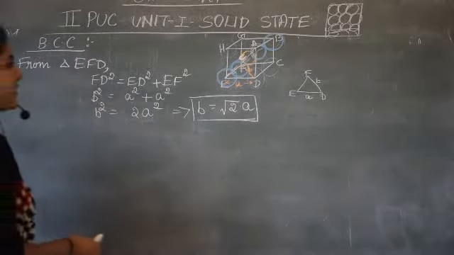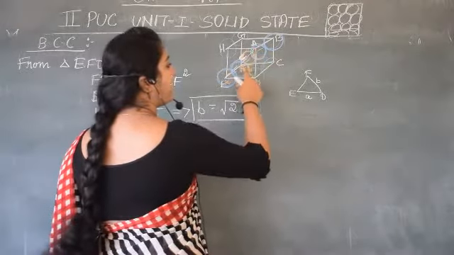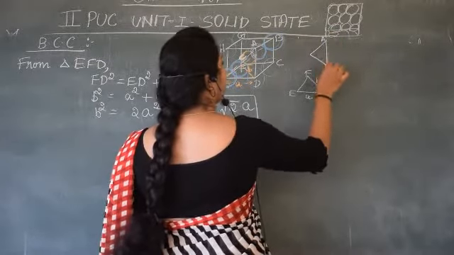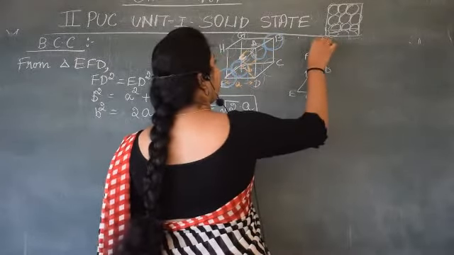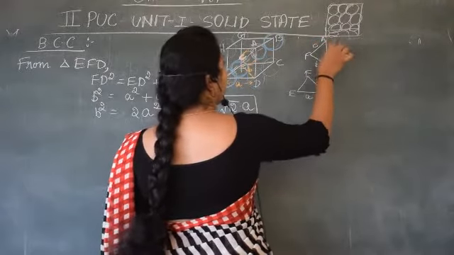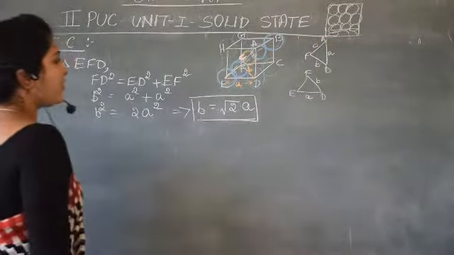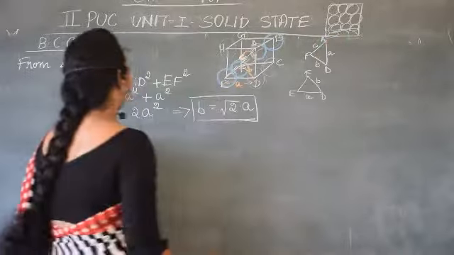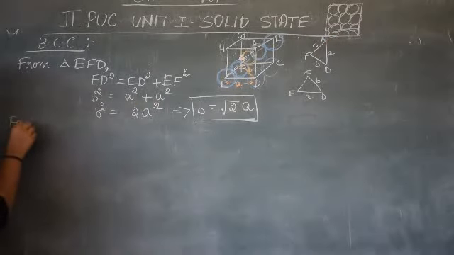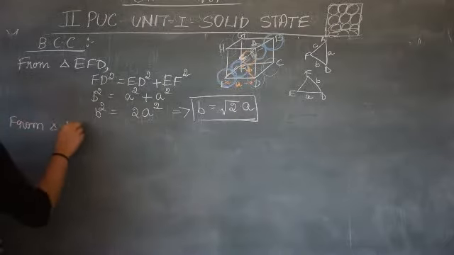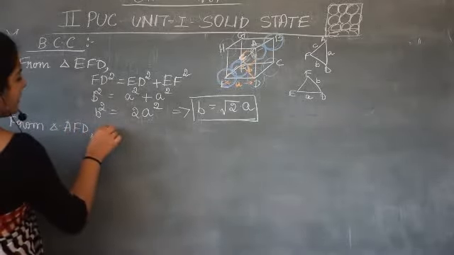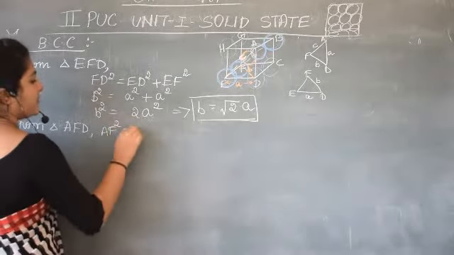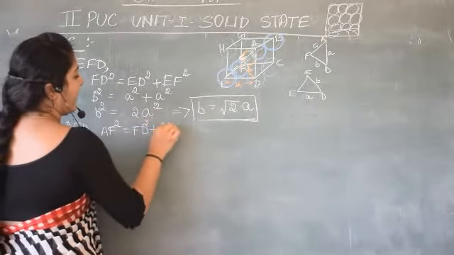Next triangle which we are considering is triangle AFD. So this triangle, it is this way, A, F and D, where this is C, this is B and this one is A. So from triangle AFD, we will consider, it's important that you mention all these, AF square is equal to FD square plus AD square.